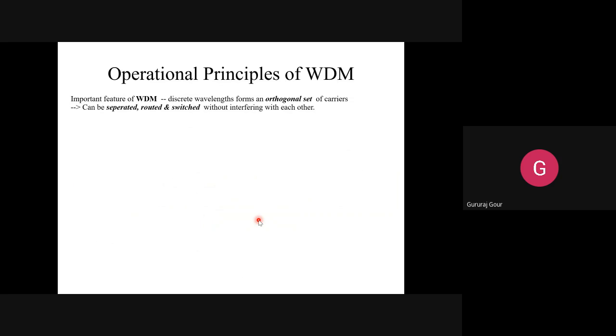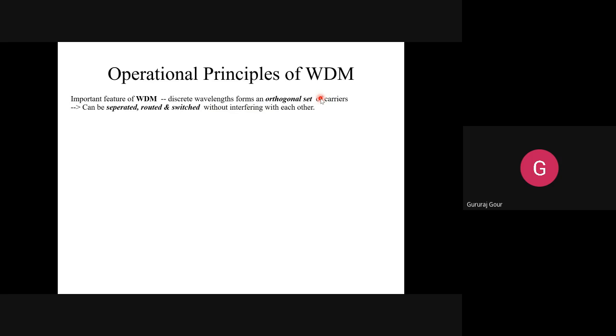So the important feature of WDM is discrete wavelengths. For example, just now we took the example of multiplexing 10 wavelengths. These discrete wavelengths form an orthogonal set of carriers. Orthogonal means 90-degree perpendicular geometrically.